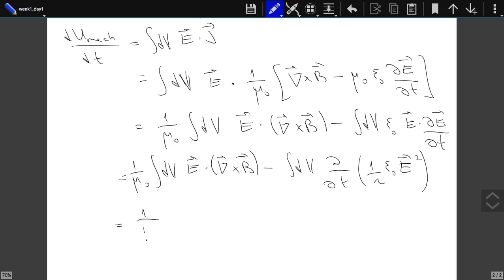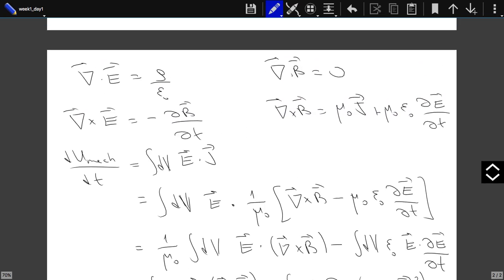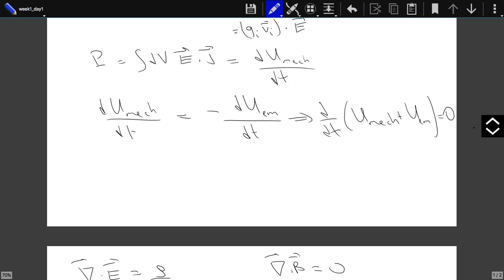So this is equal to 1 over mu 0 integral dv E dot the curl of B, minus d by dt. Okay, so if you remember what we are looking for, a relation of this form.